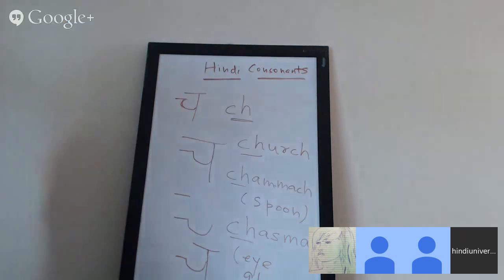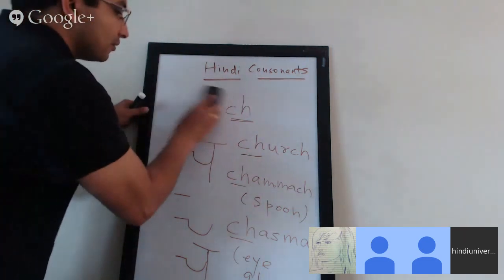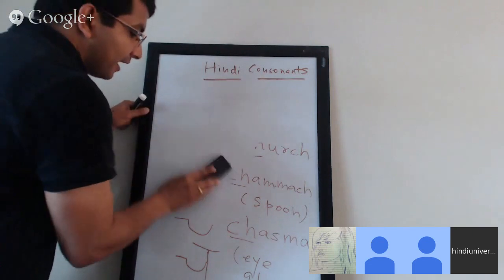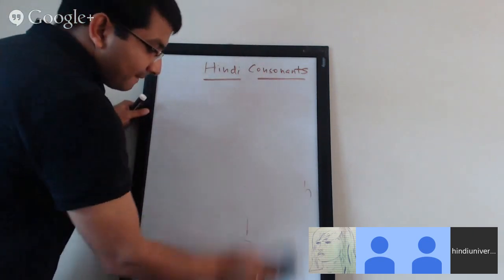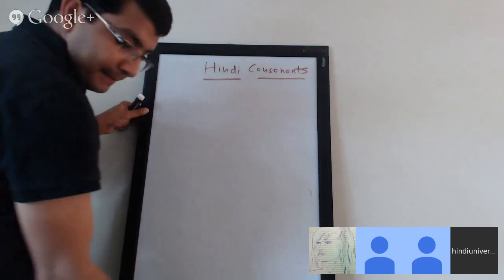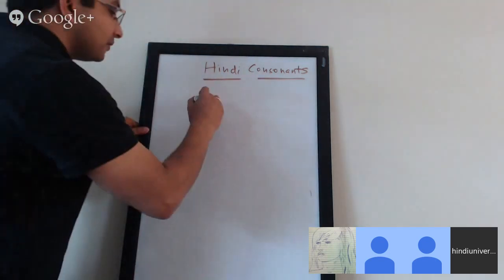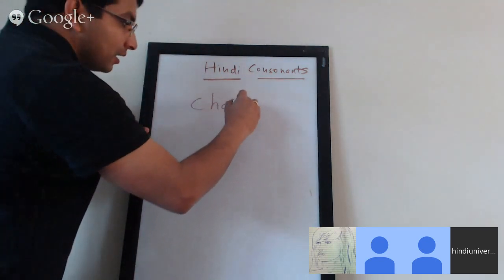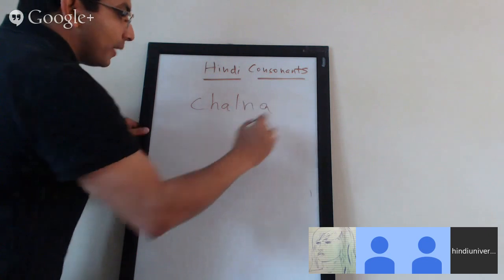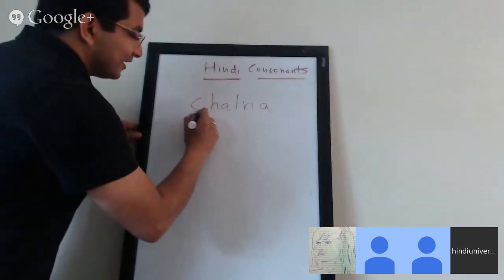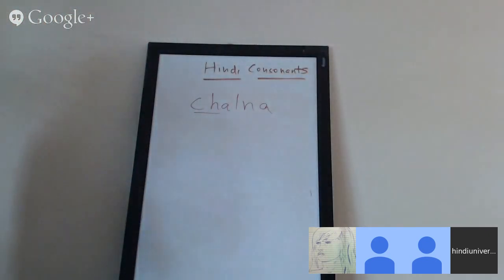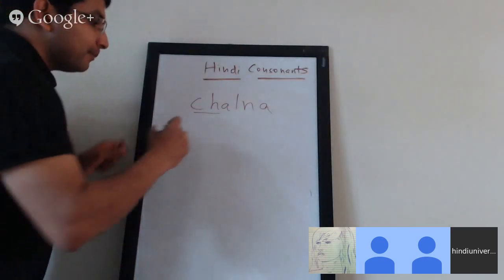And feel free to write down on the chat box if you can think of more words that have ch in them. So if you remember the verb chalna, which I use quite often in all the lectures, here also there's the sound of ch. Chalna, and then panch.